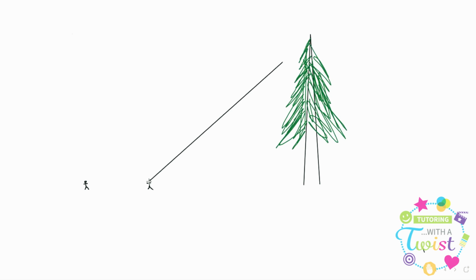But maybe here's what you do know. You know that if you're standing there and you look up at the tree, that is, let's call that a 50-degree angle up at the tree.